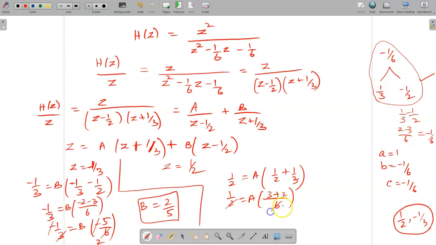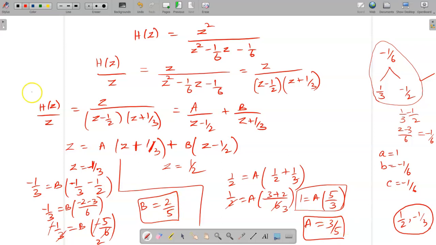Okay, so this and this you can cancel. So 2 3s are 6. Okay, so left hand side you have only 1. Here it is 5 by 3. Okay, so a value is nothing but cross multiply, it is 3 by 5. Okay, so b value is 2 by 5, a value is 3 by 5.